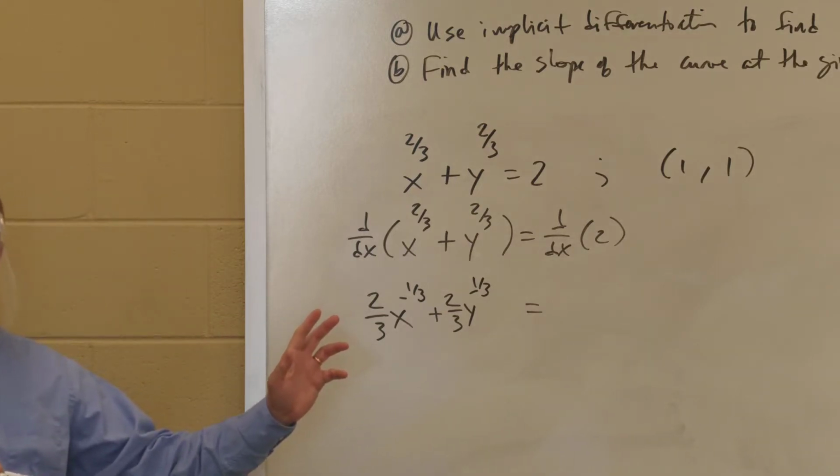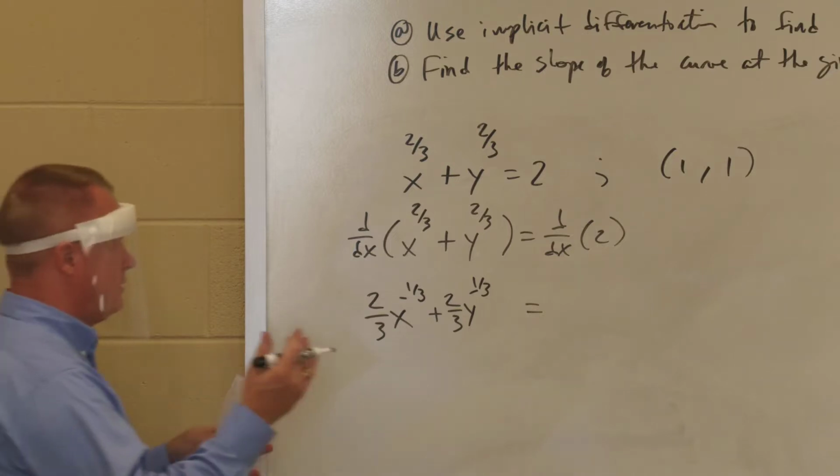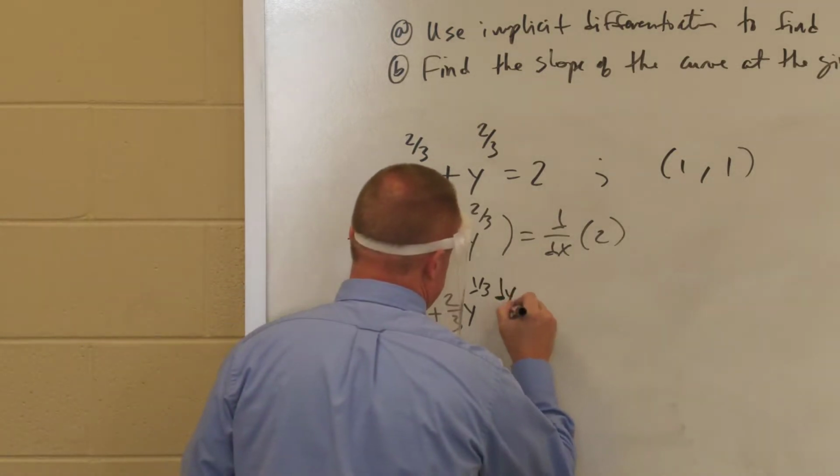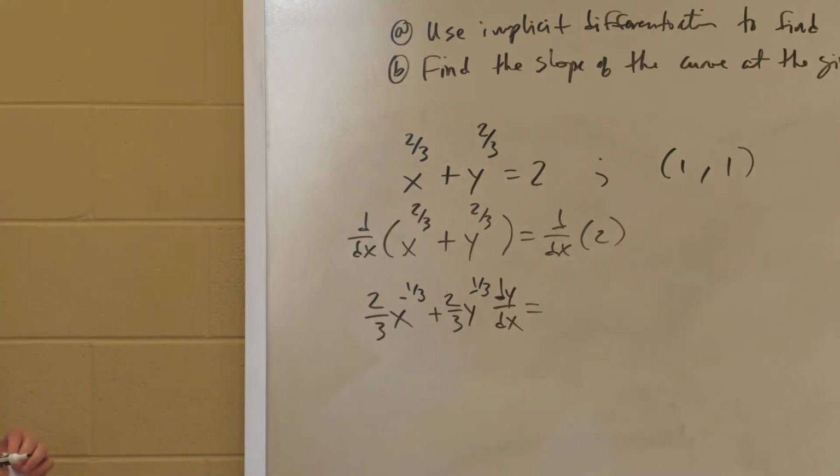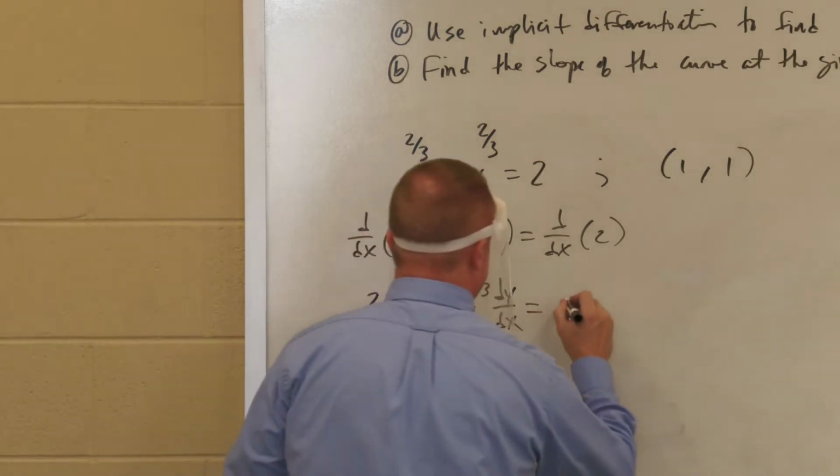So the derivative of y with respect to x is just dy dx. Any questions about that on the left side there? What is the derivative of 2? 0. Let's have a 0 here.